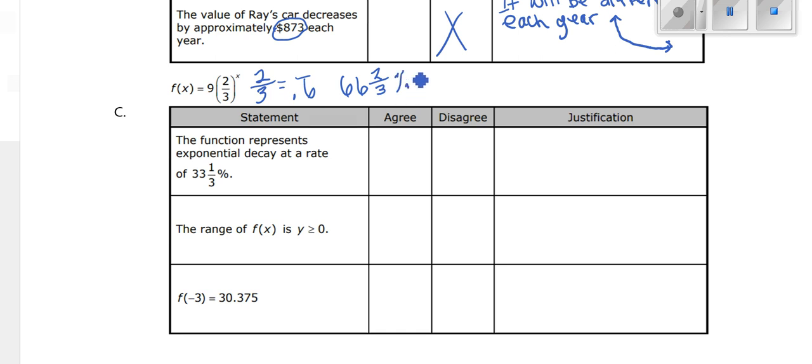So if I think of this as a percent of decrease, that would represent 1 minus, or 100% minus 33 1/3%.